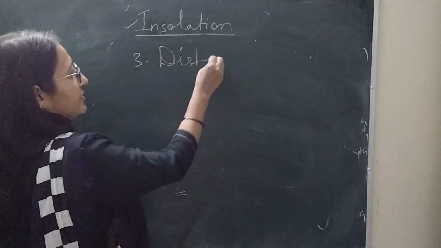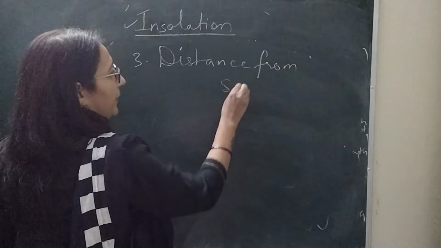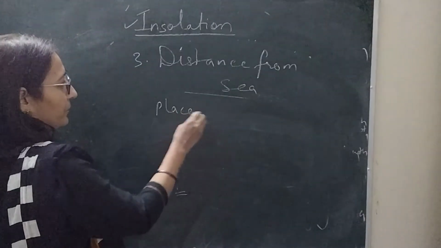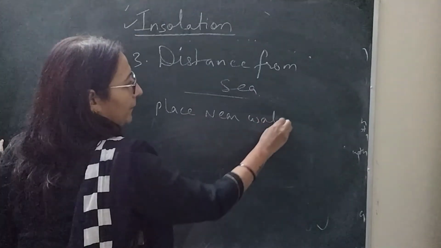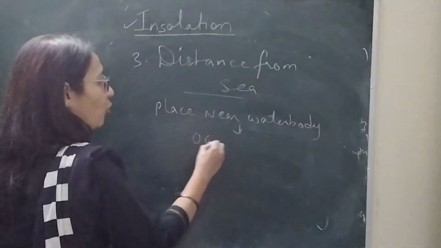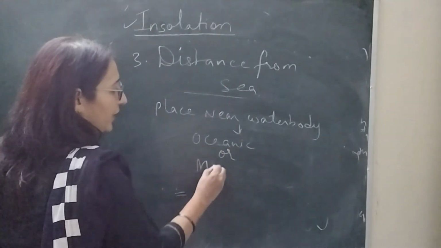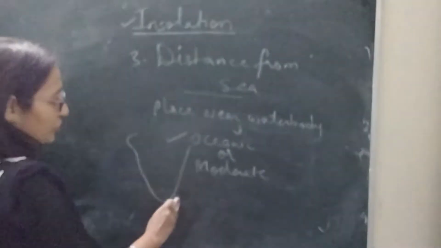After these two factors, we have to learn the third factor which affects the temperature of a place. The third is distance from sea. As we know, a place near a water body experiences an oceanic or moderate, we can say maritime, type of climate. Like the peninsular shape of India.